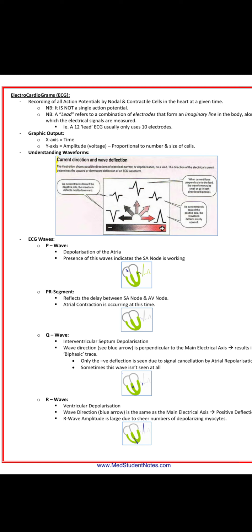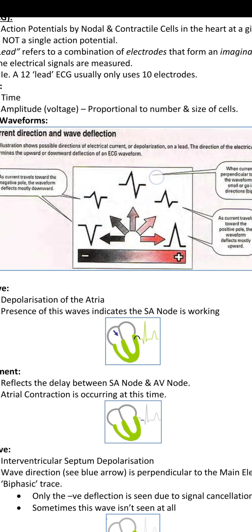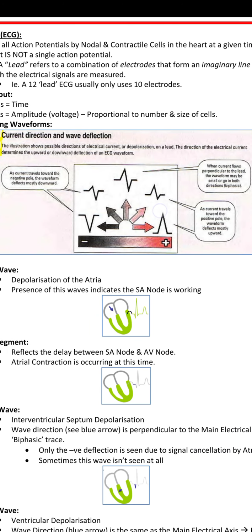Next is understanding the waveform. As you can see in the illustration, the waveform shows the possible direction of electrical current or depolarization on a lead. The direction of the electric current determines the upward or downward deflection of an ECG waveform.